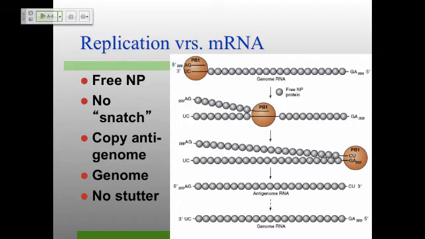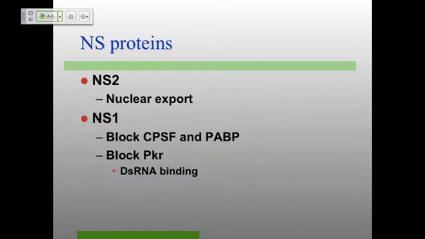So we've made our messenger RNAs, we've made our genomes. What about these other proteins, the NS2 and NS1? NS2 is a nuclear export factor, which makes perfect sense. Once you have assembled your whole genome, you need to get them out. NS1 is really kind of interesting because it blocks the classic tailing proteins that you have for regular messenger RNA development.